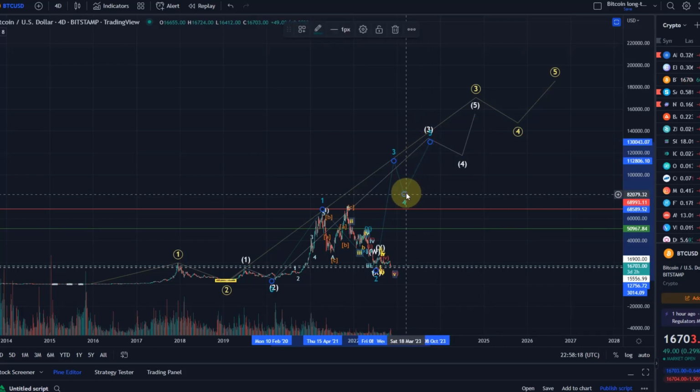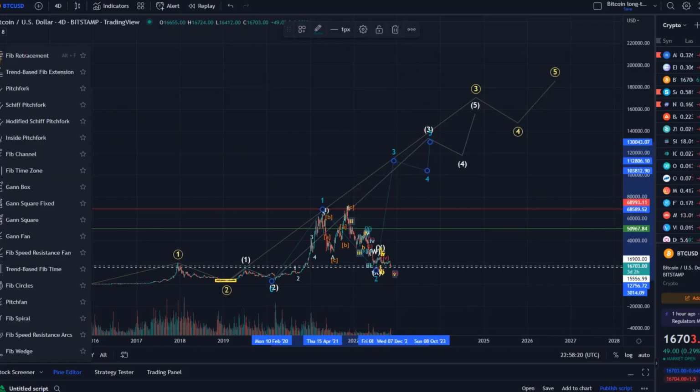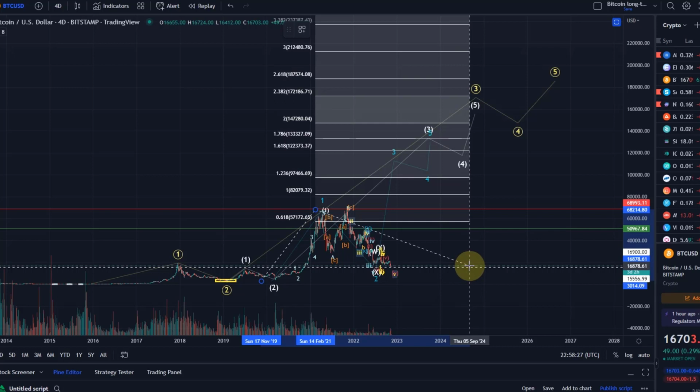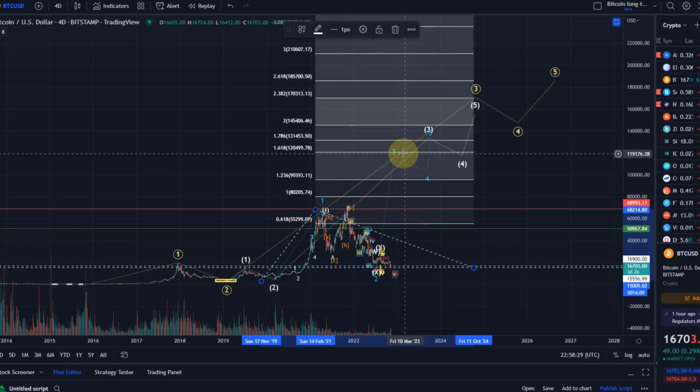This is not in proportions here really, but we talked about that only yesterday, where I told you, just to give you a rough idea, the target here, we talk about 120, 125,000 for the wave 3 in blue, maybe all the way up to 145,000. Then there will be this wave 4 in blue, the wave 5 in blue that would finish off the wave 3 in white. There'll be a wave 4 in white, a wave 5 in white that will finish off the wave 3 in yellow, that will finish off the wave 4 in yellow, the wave 5, and so on.